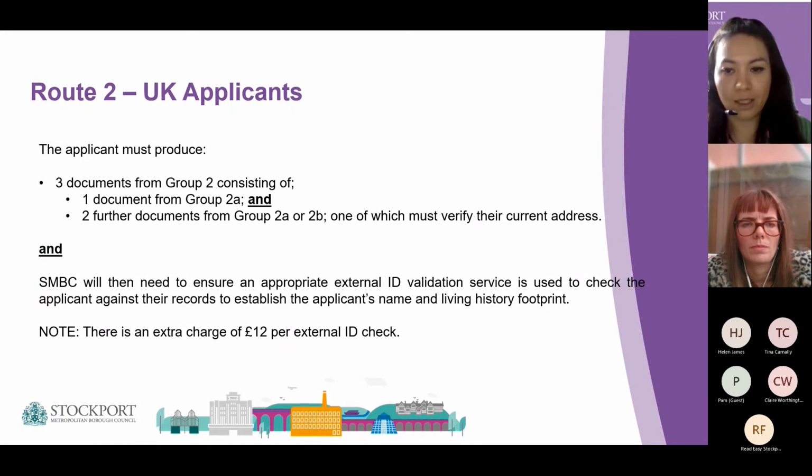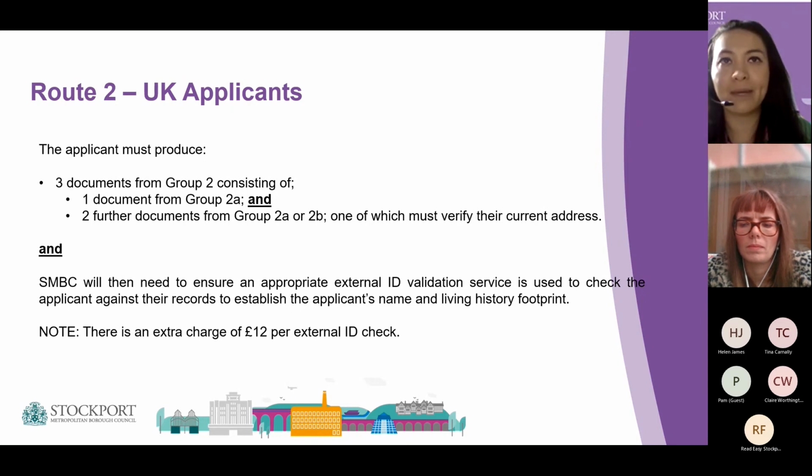Usually when it fails, it's because they don't have much of an online footprint, so Experian can't check their identity. And just to note as well that there is an extra charge of £12 to carry out that external ID check, and we are charged automatically as soon as we do that external ID check. So if you supply documents that are for route 2, we will then just remind you that there is that £12 fee, and we'll also just double check that they can't in fact supply documents for a route 1.